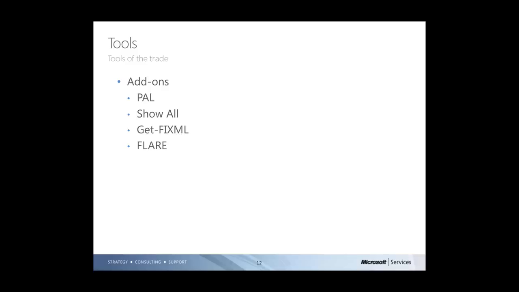Get fixML is something that you can pass an internal ID to, and it will dump the actual fixML for the file to a text file, and that's human readable. And then there's Flare, which is an add-on tool that I can show you for performance.